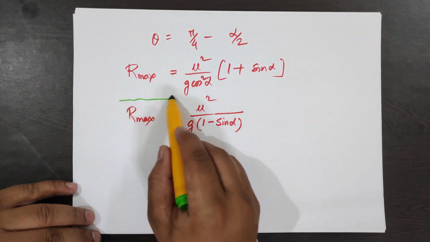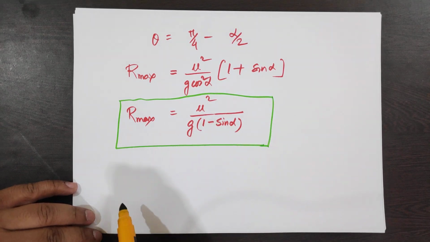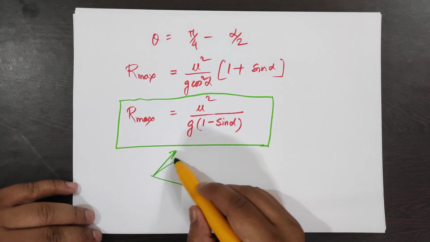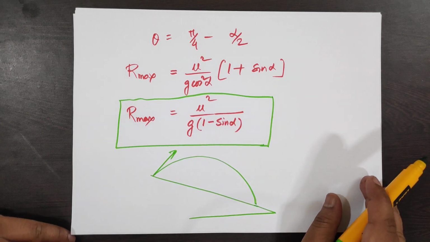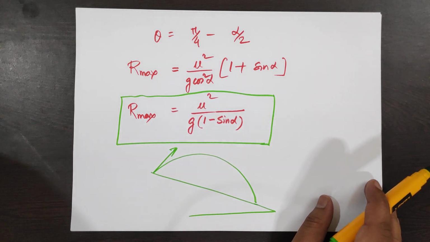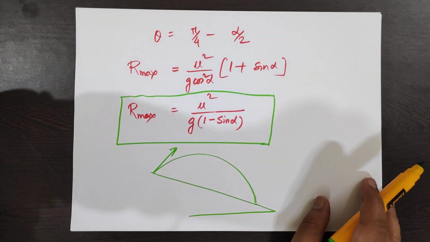This is the condition for maximum range if the incline is like this. But while problem solving, I suggest that most of the time you do not apply any formula, it's better to develop your concept like this.